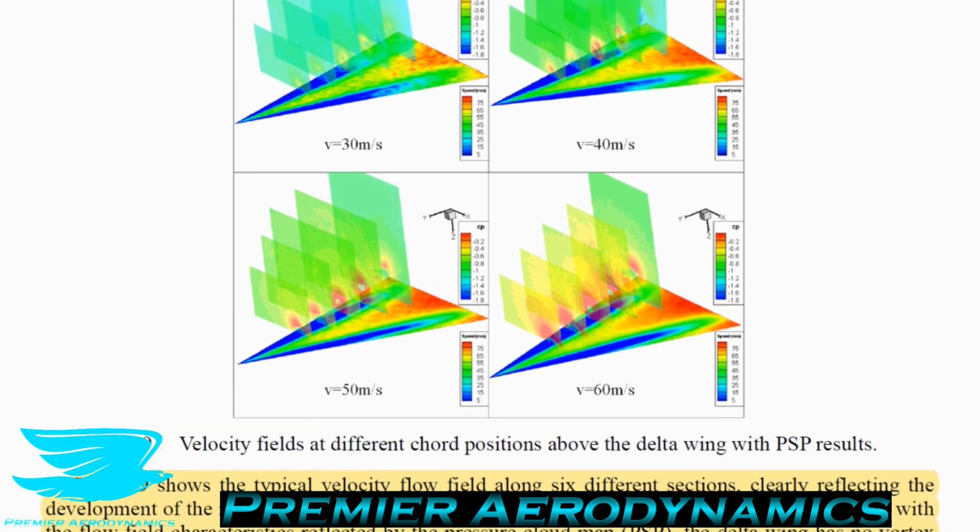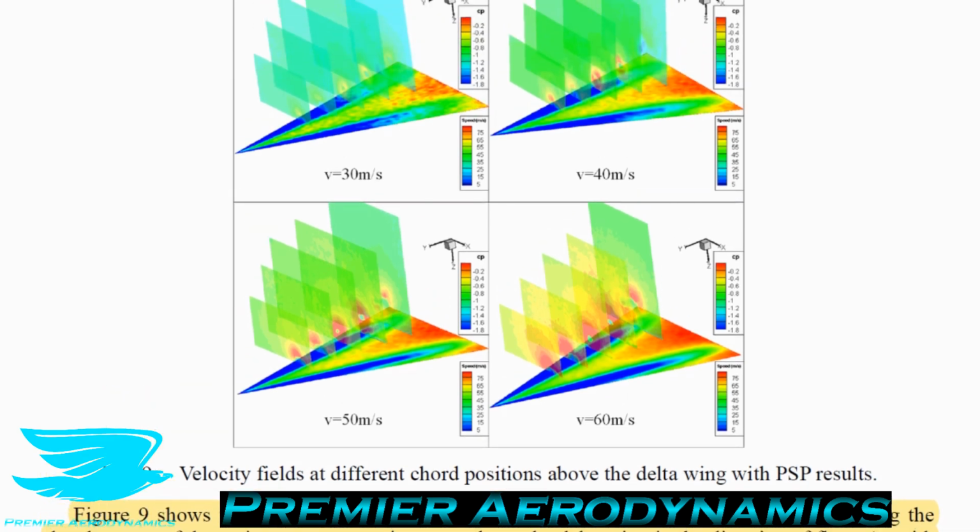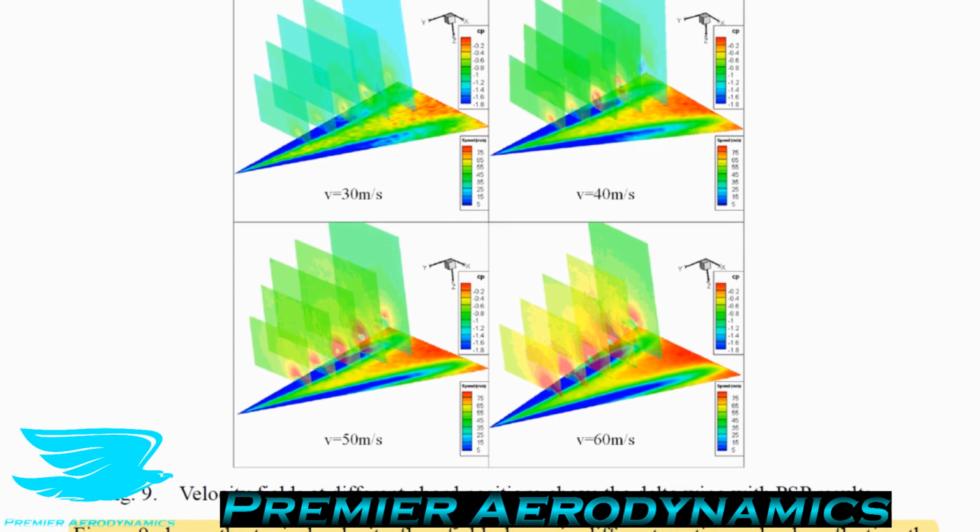Now, interestingly enough, as the velocity increases, it seems like the breakdown was probably a little bit accelerated. I don't know, but these figures indicate that at the 80% chord mark, as the velocity increased, there was a bit more of a breakdown.